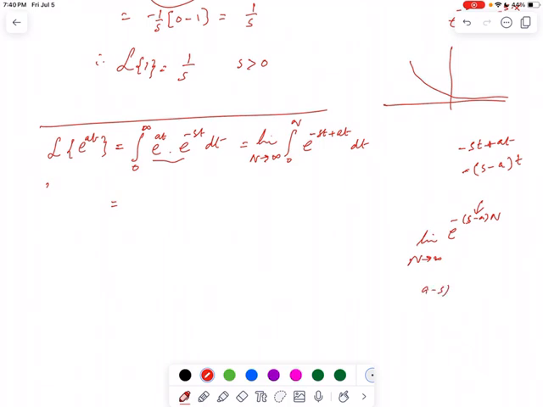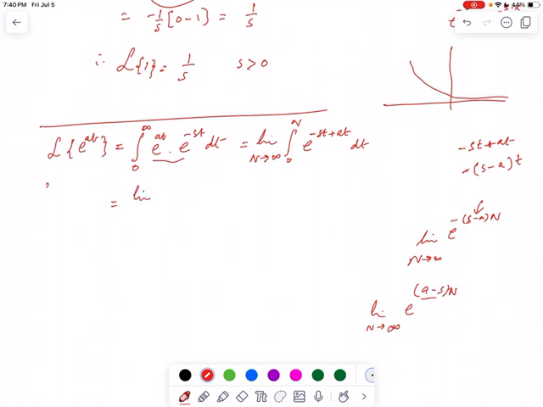But if I have it written like this, then e to the n, limit as n goes to infinity, it looks like it is going to infinity. Later on we can see it will go to infinity if s is less than a, or maybe less than or equal to a. So we have to be careful about that. That's why I am putting the negative sign outside.